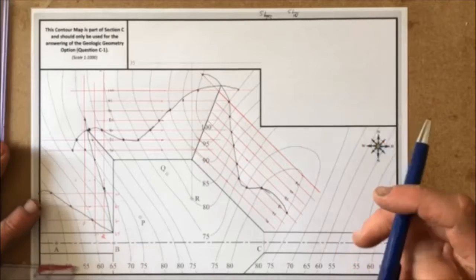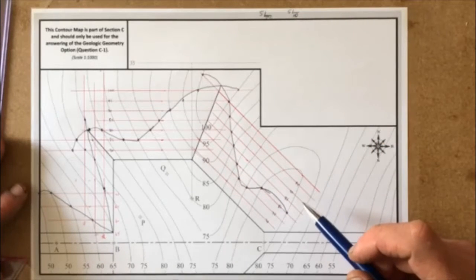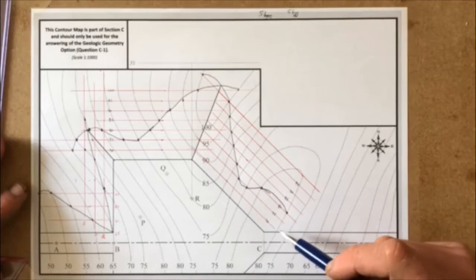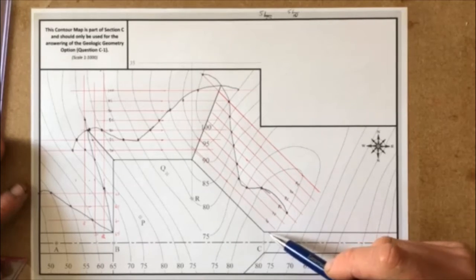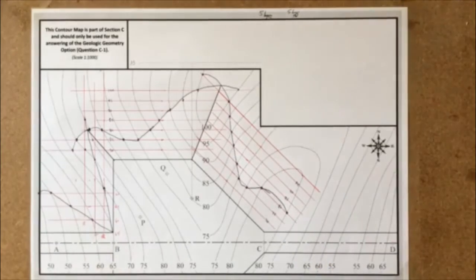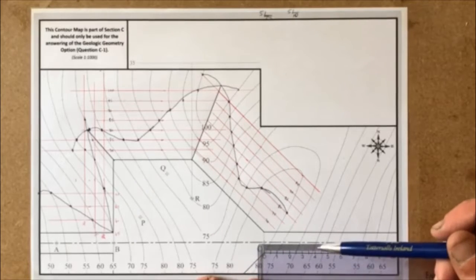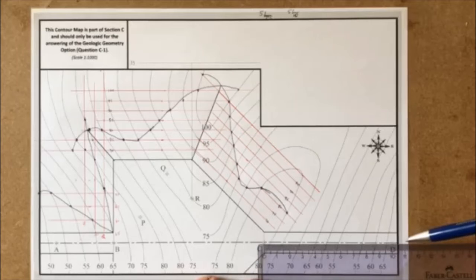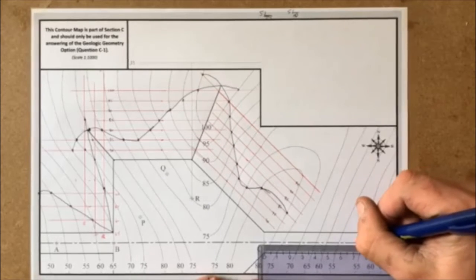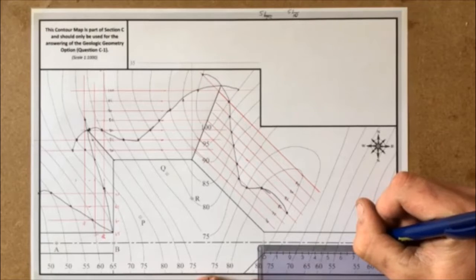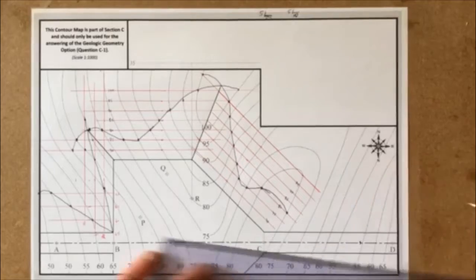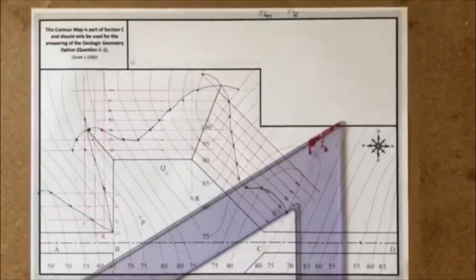Okay, now what we need to do is set up our cones here for our cut and our fill. For every 15 we go up, we're going up 1. Now I don't have 15 mil out here, but I do, so I cut that in half. So I'm going to go out 7.5. And measure there.